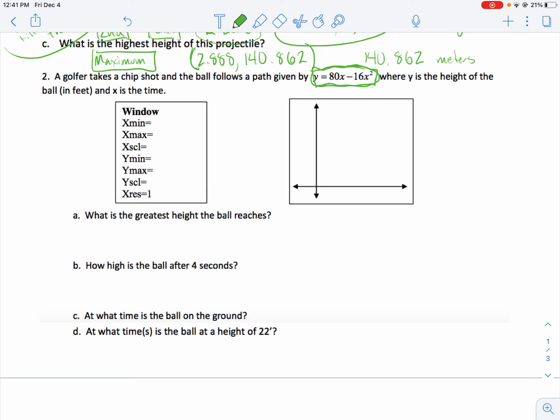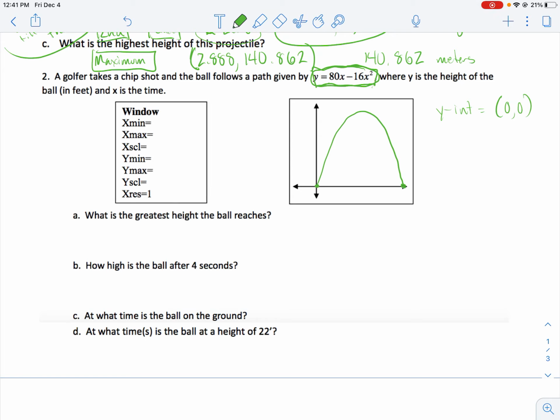So our y-intercept here is just 0, 0, right? Which makes sense because if you're golfing, you always kind of start on the ground and then it comes up and then whatever goes up comes back down, okay? So that is what our trajectory would look like. Again, starting at 0, 0.